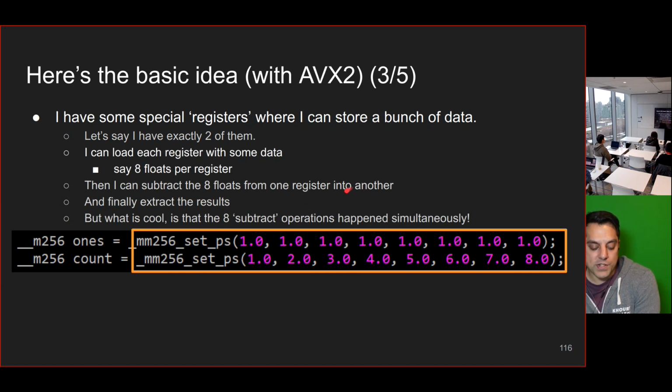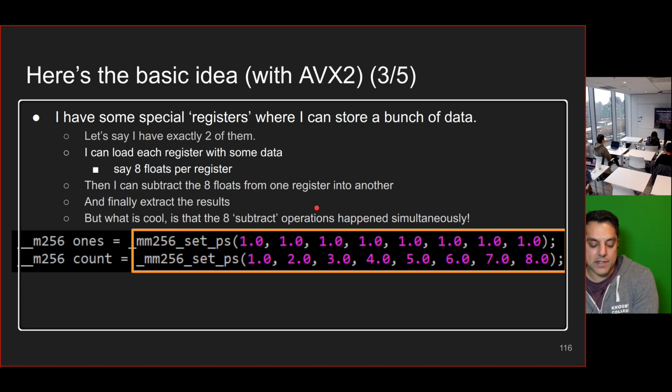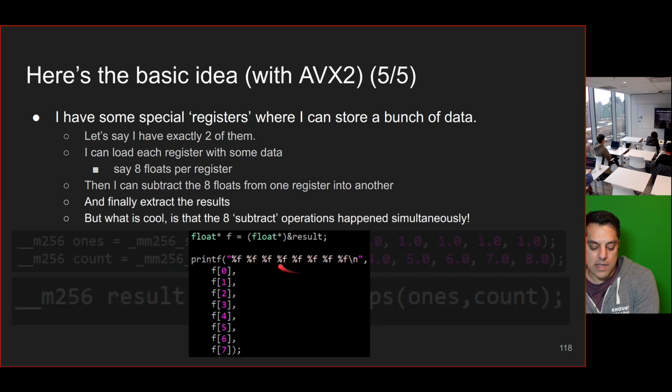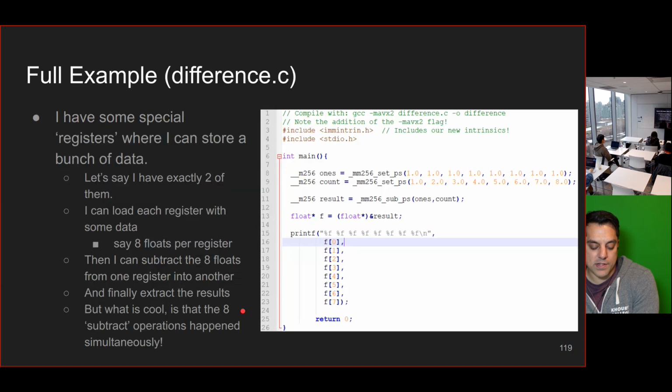The single operation that I want to do is subtract. So there's a subtract operation here, you can see sub here. And I want to subtract ones from count. Then if I print out the result here, which I've cast to a float, this is kind of a weird trick, but we can see we're offsetting whatever this float is, 8 bytes at a time, 1, 2, 3, etc., to get the 8 different values here.